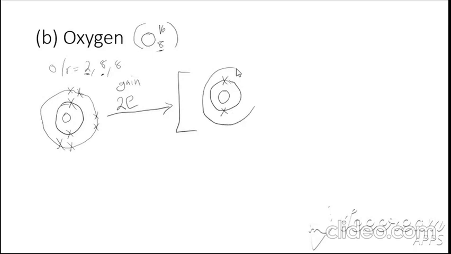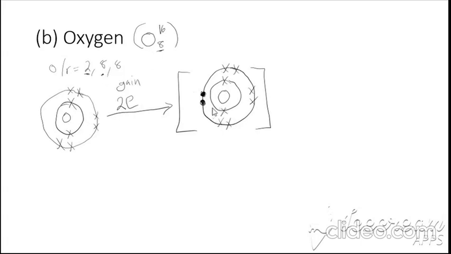Then like that, 2 there, 2 here, and then 2 here. So oxygen must gain 2 electrons. I'm going to show 2 electrons here, like this. And then this one is satisfied. It has now obeyed the octet rule, because the second shell should have how many electrons? 8, not 6.